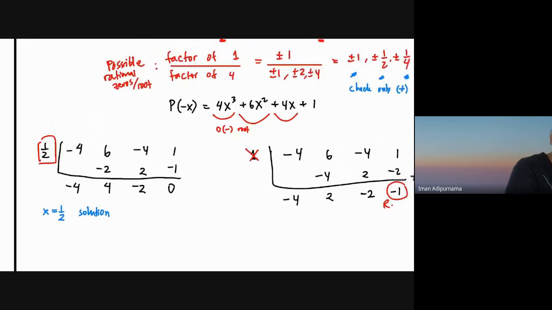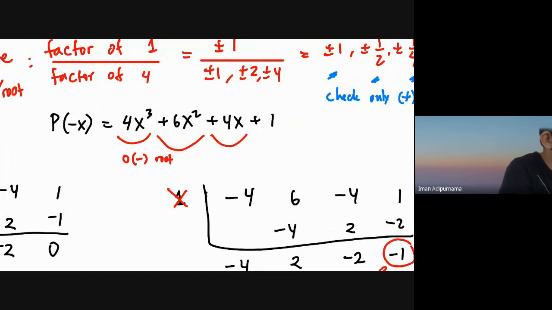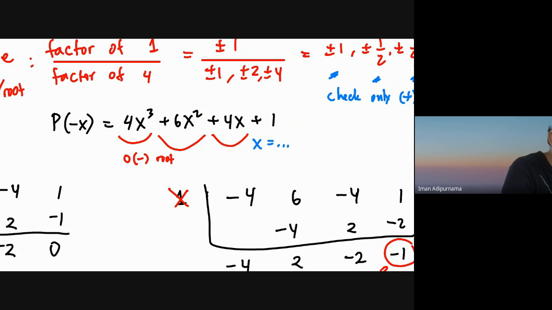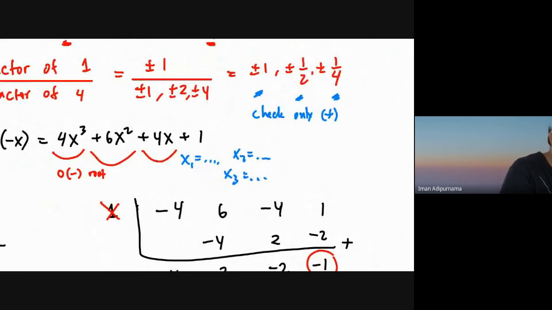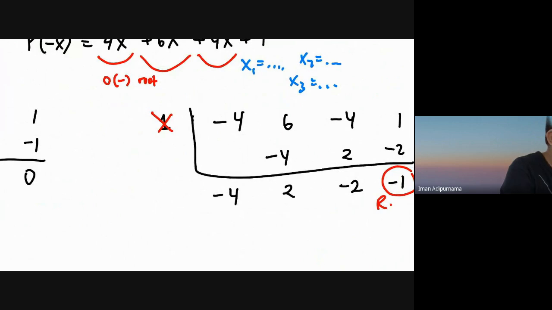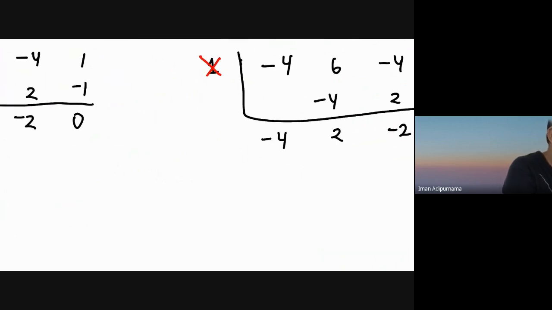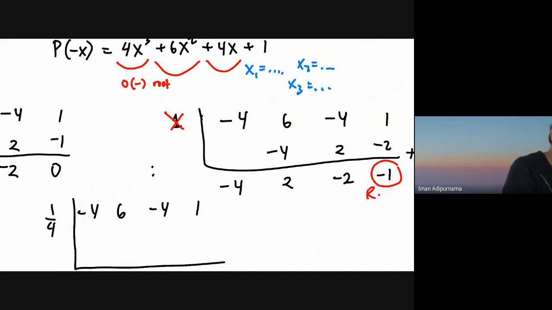Now, how do we see this? If you have x cubed, it should have 3 roots, right? x1, x2, and x3. But we know that there will be only 3 positive roots or 1 positive root. So because this one is impossible, and also if you check the other 1/4, it's also impossible.